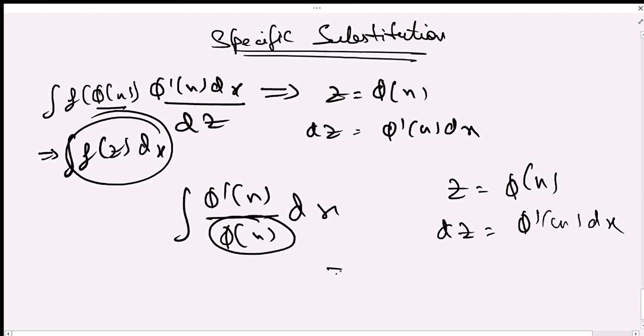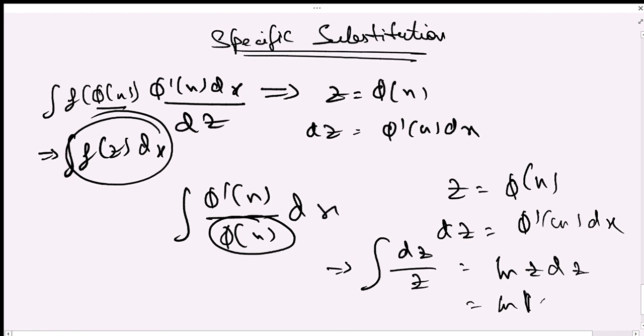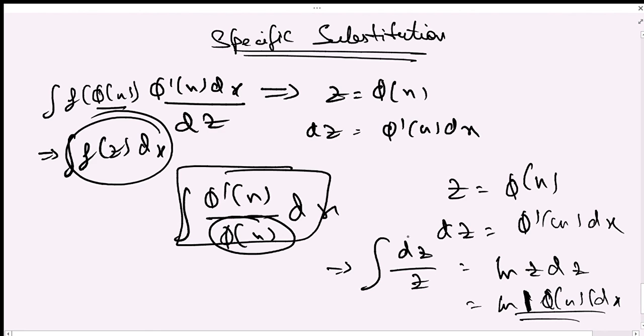So basically from here you can write it as dz over z, which is ln z, which can be written as ln of mod phi x. This formula you can directly use also. Okay. Integration of phi dash x over phi x dx can be used directly as the formula ln of mod phi x also. Clear? Got it?